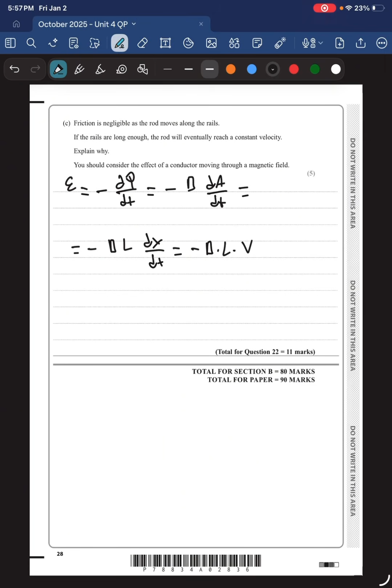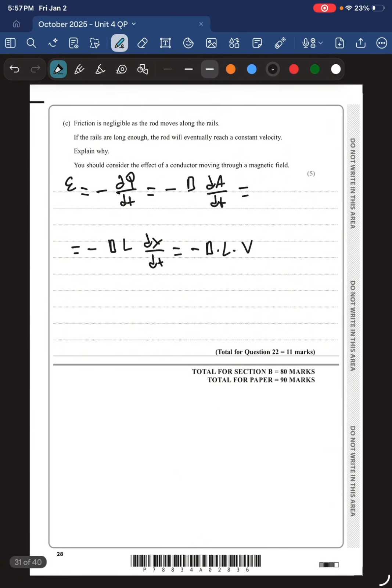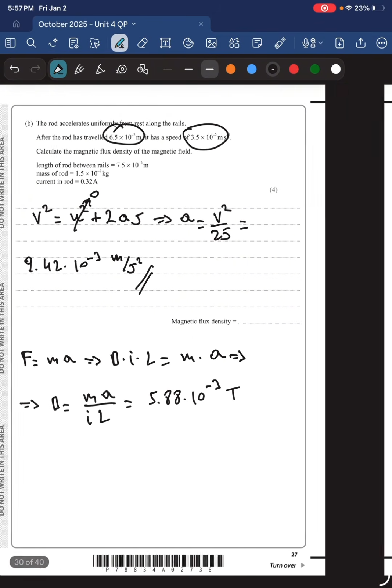Okay, let me use a clean page. So what I'm trying to say is that an EMF is generated across the rod.